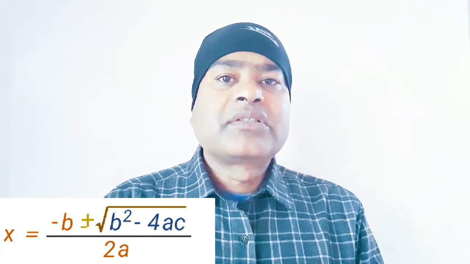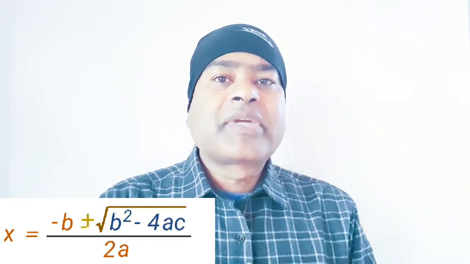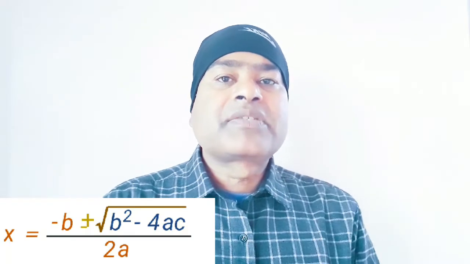According to the formula, the solution of the quadratic equation is given by x is equal to minus b plus minus root b square minus 4ac over 2a. By putting the values of a, b and c in the formula, we get the value of x. By taking the positive sign, we get the first value of x, and by taking the negative sign, we get the second value of x. So in this way, we get the value of x by using the formula method. The formula is x is equal to minus b plus minus root b square minus 4ac by 2a.